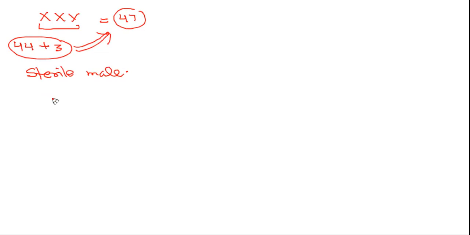On the other hand, some are with triple X, which have an extra X due to non-disjunction of the X chromosome, which did not segregate. Just by studying the chromosome pattern, it is really very easy to identify.